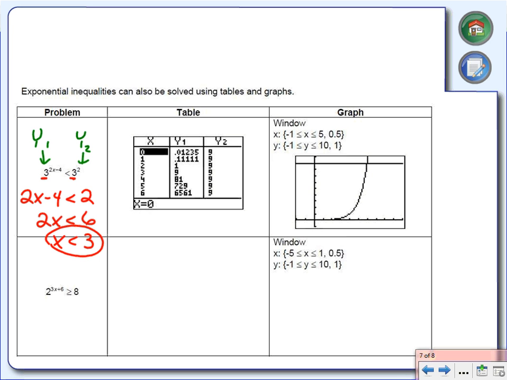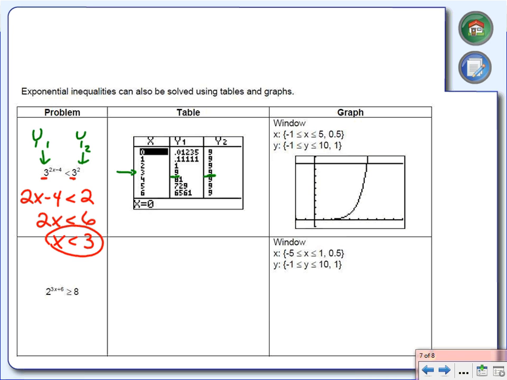Now, just like we saw with the equations, if you look next to that 3 there, you'll notice next to that 3 we have matching y values. But remember, we're working with an inequality, not an equation. So notice over here, these first y values, y1, represent the left side of the inequality. The y2, or that last column over there, represents the right side of the inequality. What we're saying is we're looking for what x values result in y1 being less than y2.